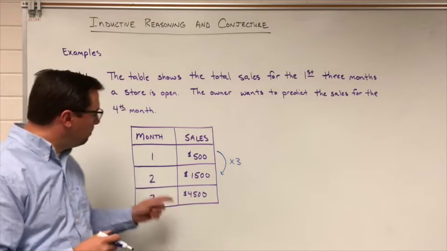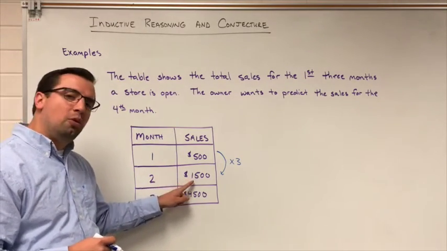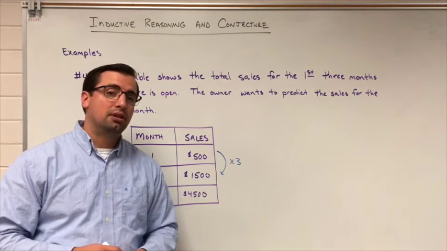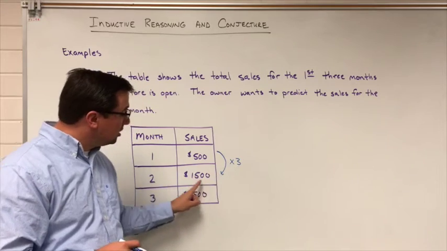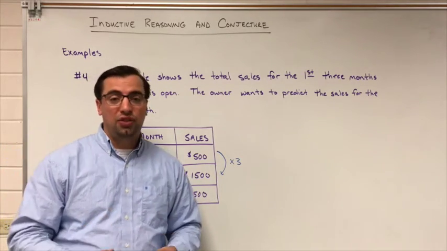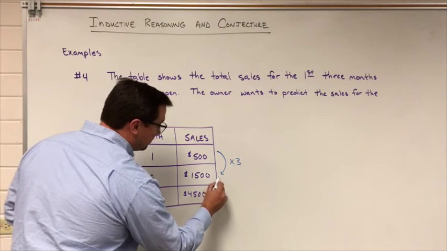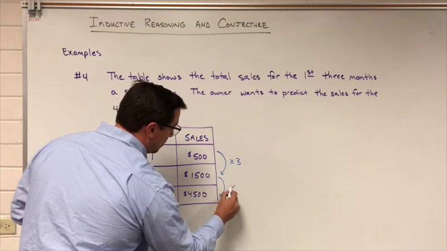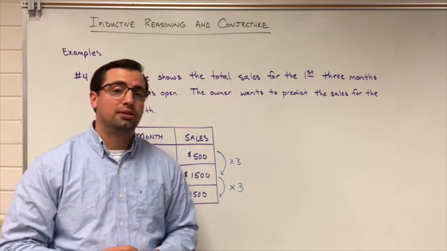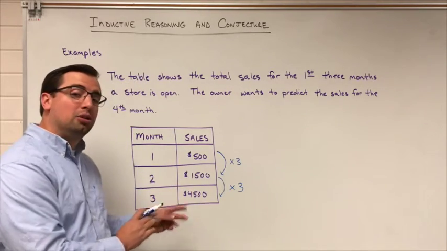But what about month 2? From 1500 to 4500. Let's apply that times 3 to 1500. And when we multiply 3 times 1500, we get $4,500. There's that pattern that we're looking for.